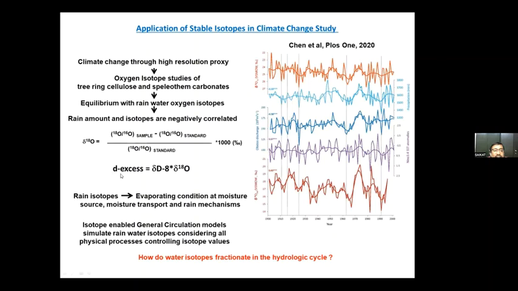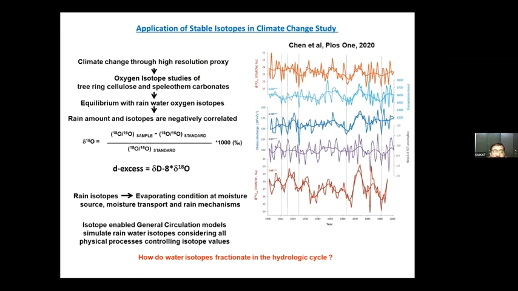Along with that, there is another parameter which we call dxs, which is a combination of the oxygen and hydrogen isotopes. These 2 parameters are very useful to understand the evaporating conditions of the moisture source, how the moisture is transported along the path, and the rain mechanisms. So these are the informations that we can get from water isotopes.